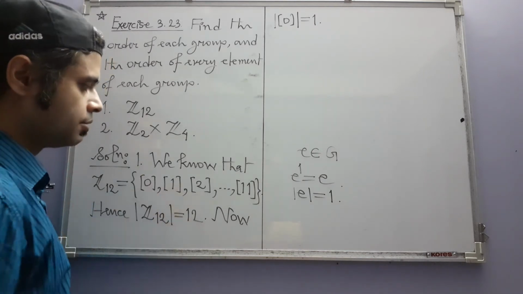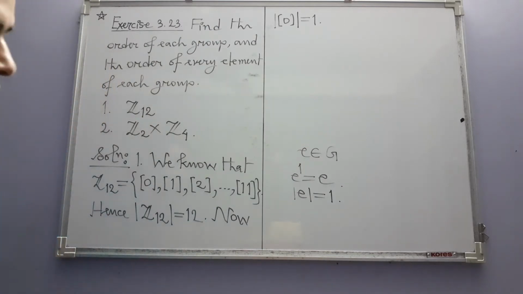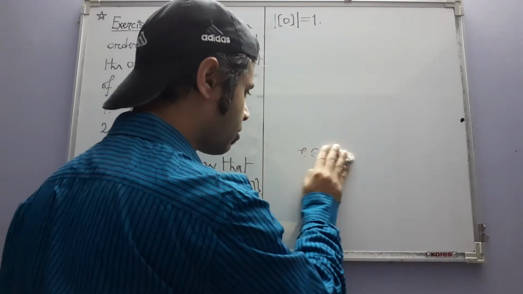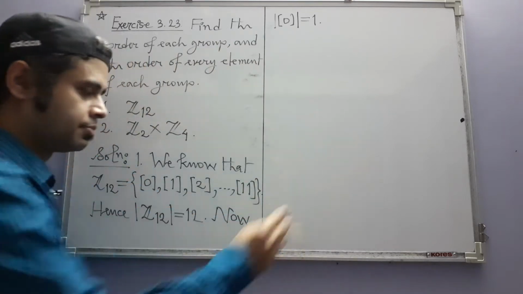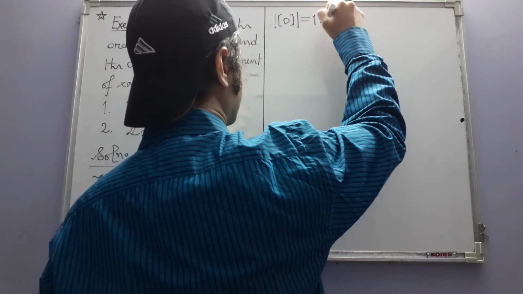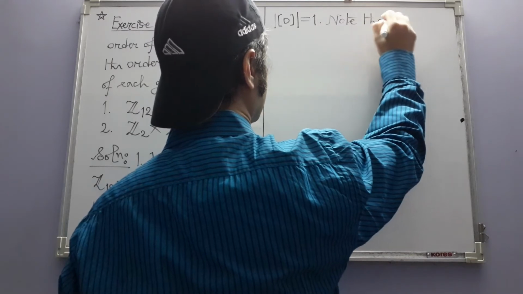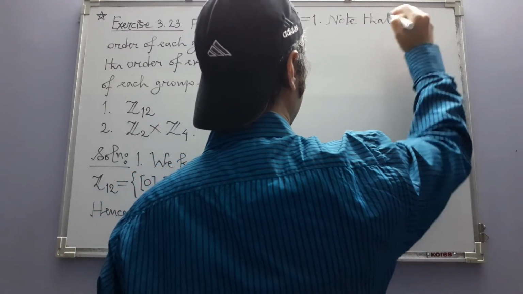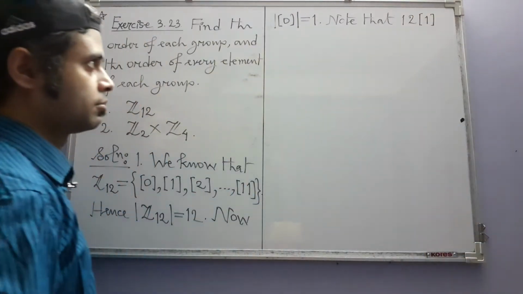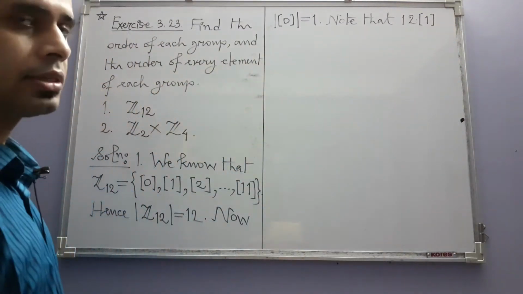Next we come to this 1. Now note that in this group the binary operation is addition modulo 12. So we have to keep that in mind. It's not multiplication modulo 12. Note that if you calculate this thing, what is this actually?